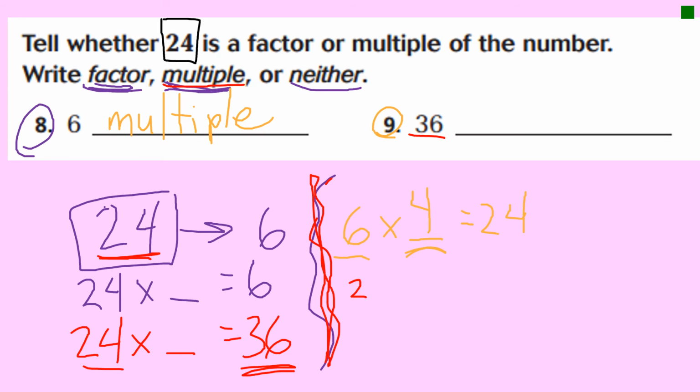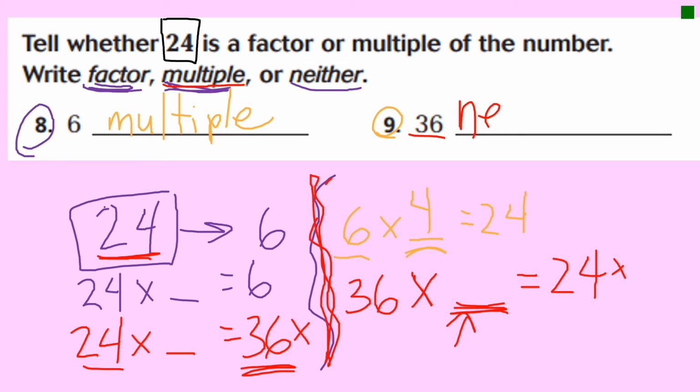So can I take 36 and multiply it by something to get the product of 24? 36 is greater than 24, right? So there is no whole number that I'm going to be able to multiply 36 by to get 24. So 36 is not a factor or a multiple. With 36, you get neither.